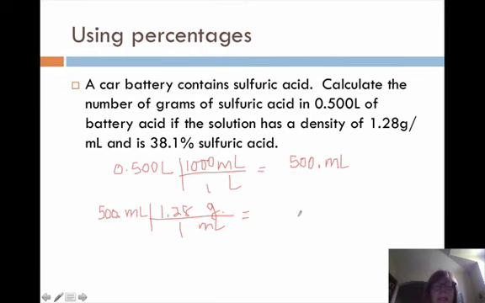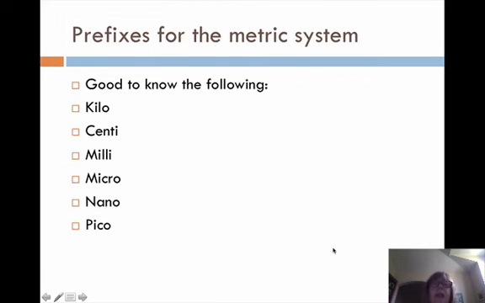Then we're going to get that answer, however many grams that is, and multiply it by this percentage, because of those grams, only 38.1% of them are sulfuric acid. So that answer times 0.381 will give you the grams that are sulfuric acid. And that answer is 244 grams.